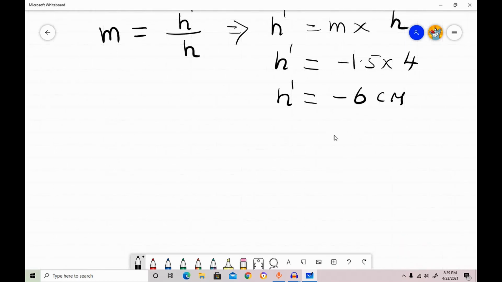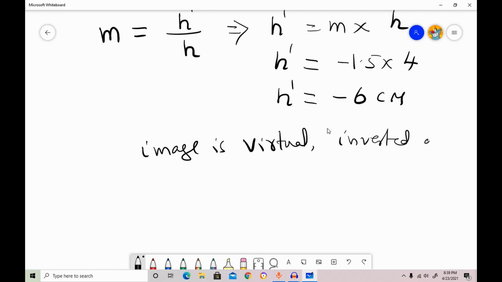So you have to write your answer: image is virtual, inverted and enlarged, because h dash is minus 6, which is larger than the size of the object, 4 centimeters, given in the problem.